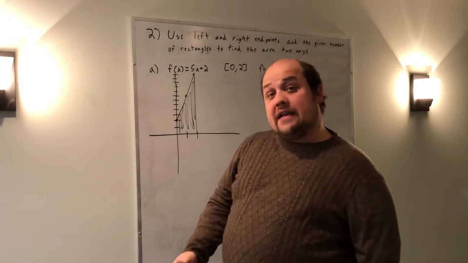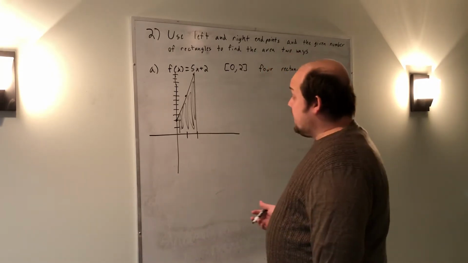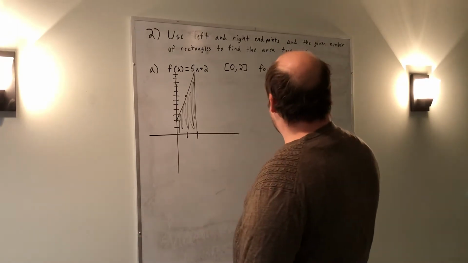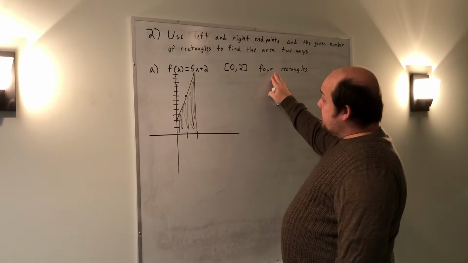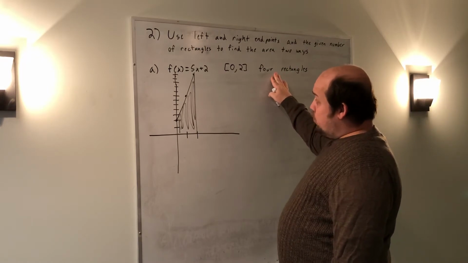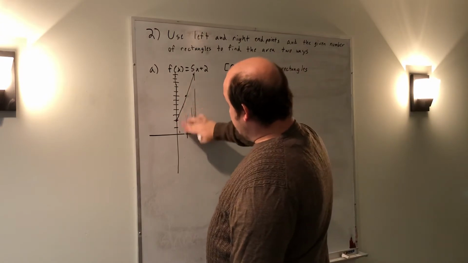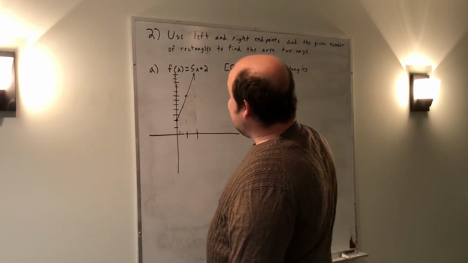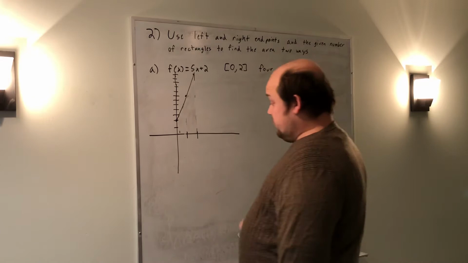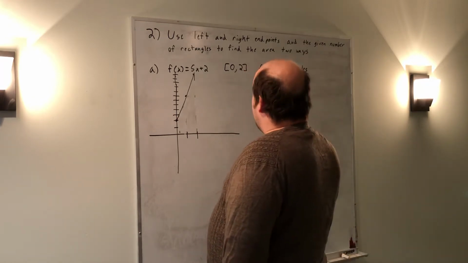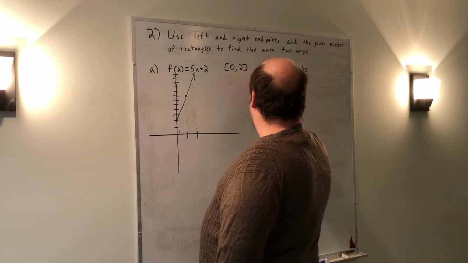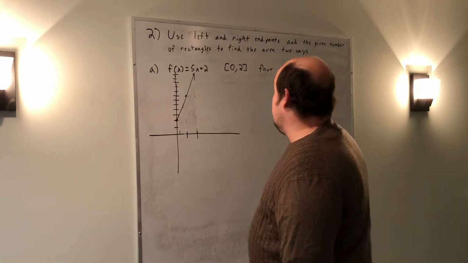In order to find that shaded area, we're going to make an approximation. The approximation is going to be based off a set number of rectangles, in this case 4 rectangles. So if I look at these 4 rectangles as left-sided rectangles, I need to figure out what are the 4 places that I need to find f values for.